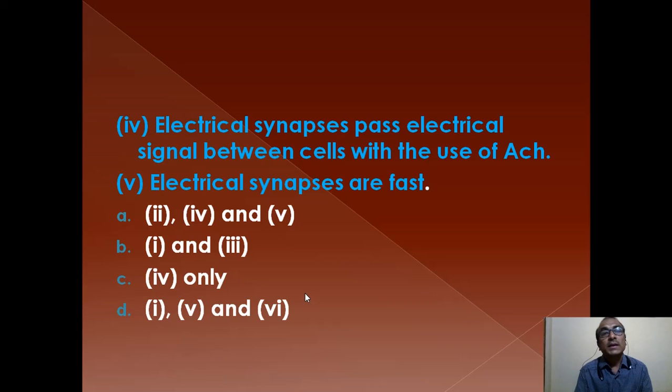So the incorrect statement is number 4. Let us take up the fifth one. Electrical synapses are fast. That is correct. Electrical synapses pass on the impulses very fast. So only the fourth statement is incorrect. So that's the right answer, C.